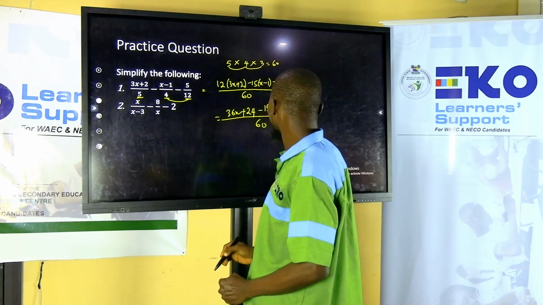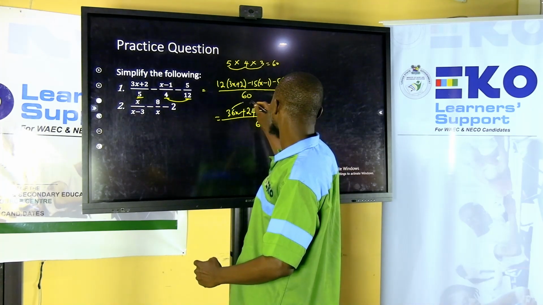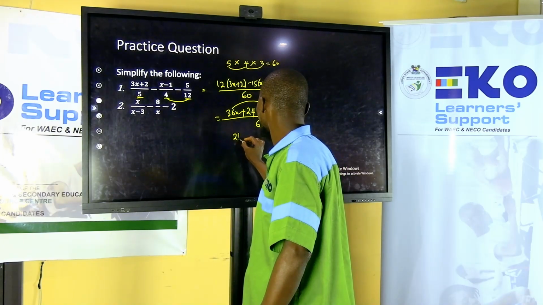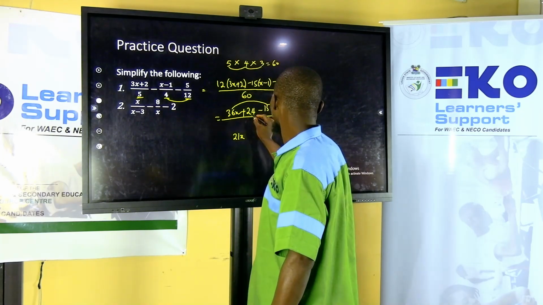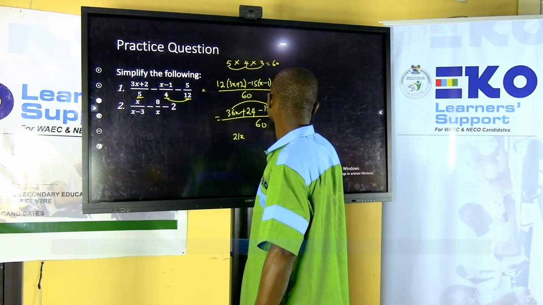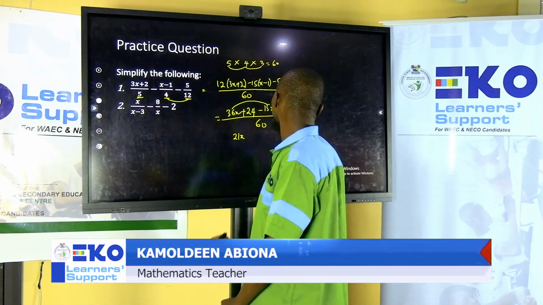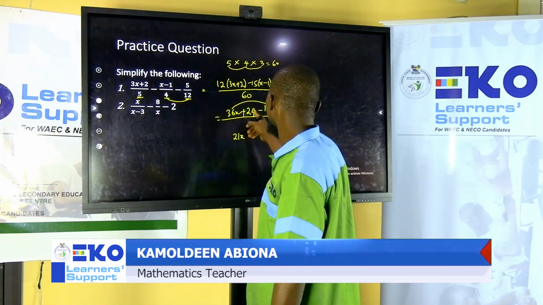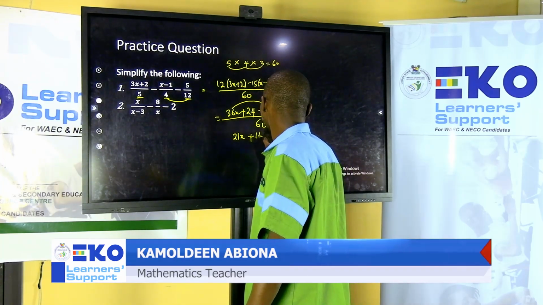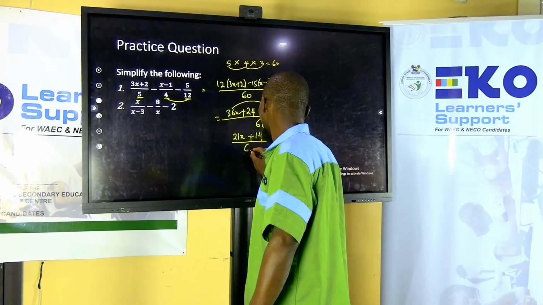All right, so collect like terms here. We have 36 and minus 15, and that will give us 21x. This is 24 and 15, and this will give us minus 10. Oh, sorry, minus 25. And 24 minus 10 is what? Plus 14 divided by 60.